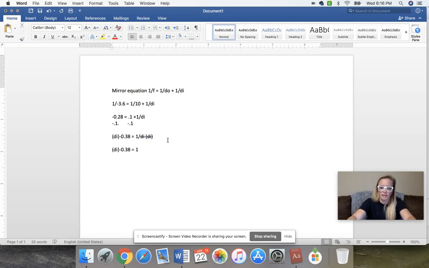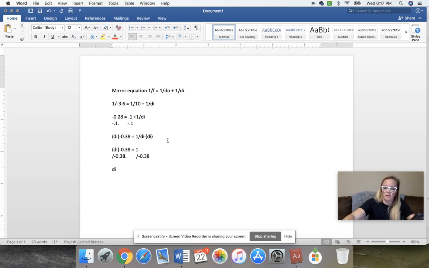So I divide both sides by negative 0.38. Then on my calculator, I say 1 divided by negative 0.38, and I get an answer.